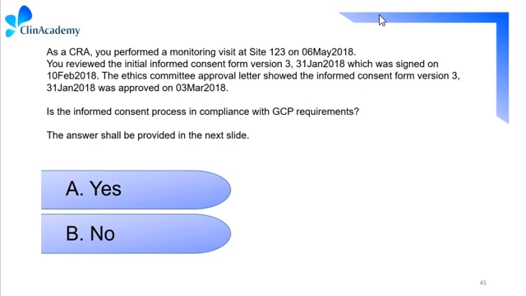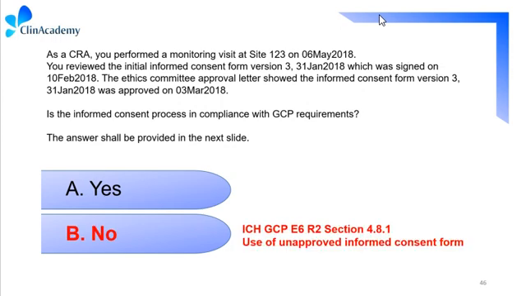Is the informed consent process in compliance with the GCP requirements? The answer shall be provided in the next slide. The correct answer is no, because an unapproved informed consent form was used by the site.